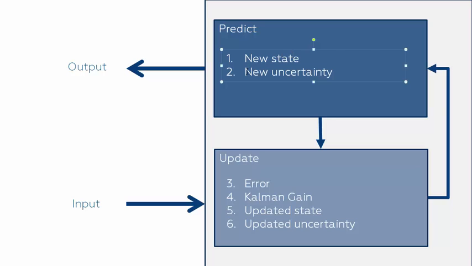So the new uncertainty. Let's try to understand what we mean by uncertainty. Uncertainty is maybe the opposite of confidence: how much we are not so sure about the prediction we are making. Every time we state that this is what your output will be, we need to know how confident we are about that.